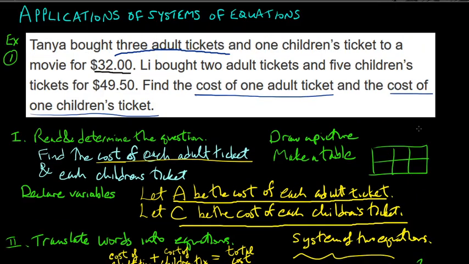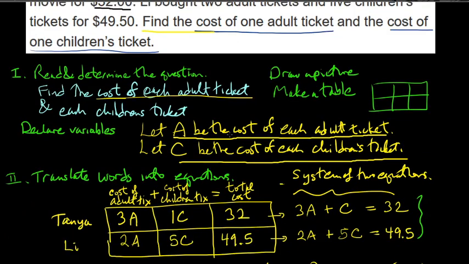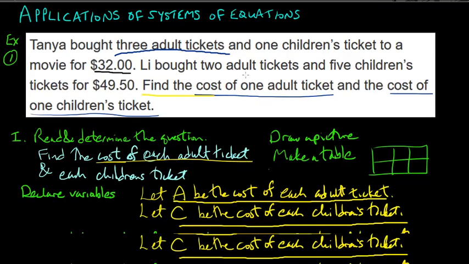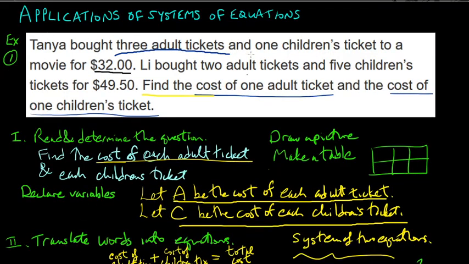Okay, so let's just go back and make sure. So the first thing you do, read the question carefully, make sure you figure out what it's asking for. It's asking us to find the cost of one adult ticket and the cost of one children's ticket. So I labeled those as A and C, A for adults, C for children. And so in step 2, we want to translate all these statements into equations, right?